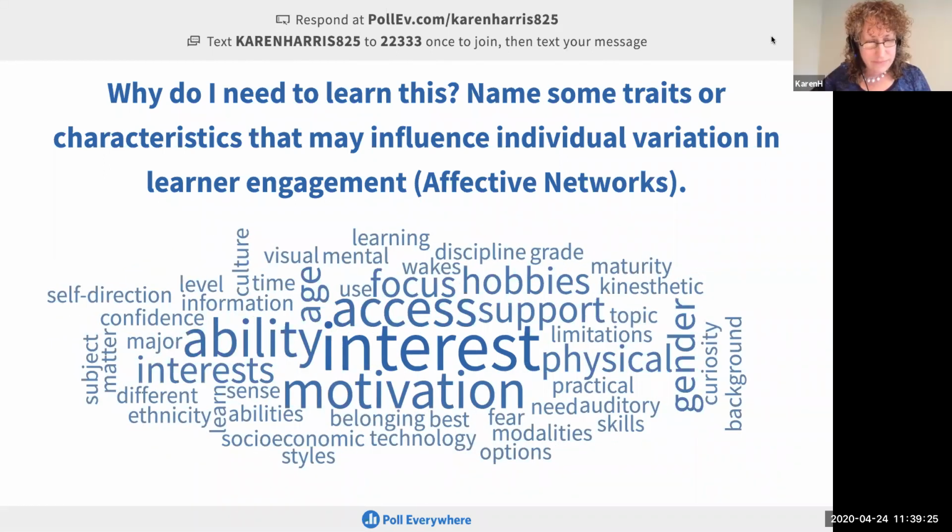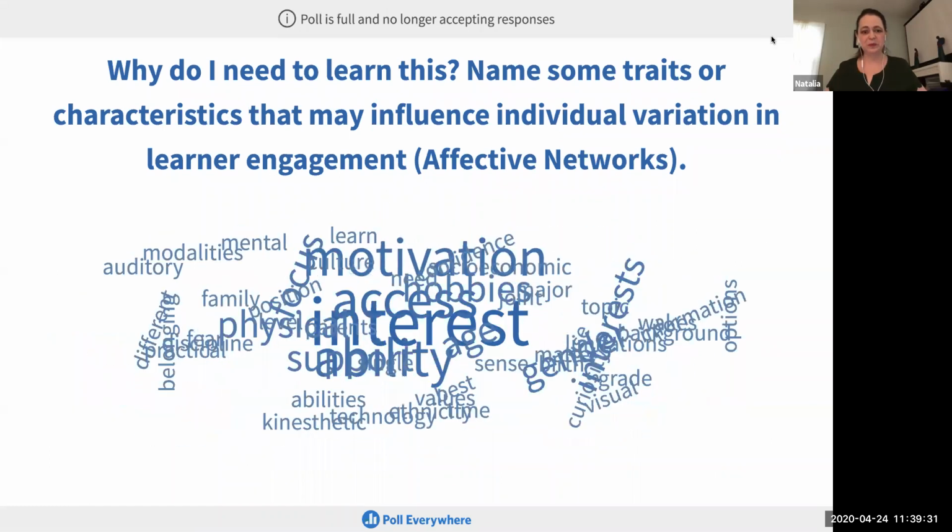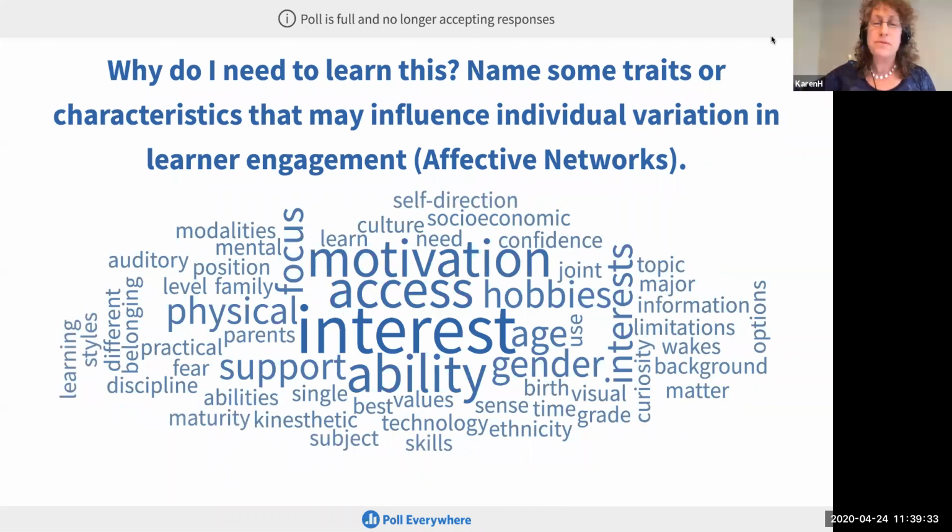Very cool. Ability is a big one too, Natalia, it looks like. Yes, yes. What do you think of ability? And of course, access. Accessibility. Access, which can be accessibility.